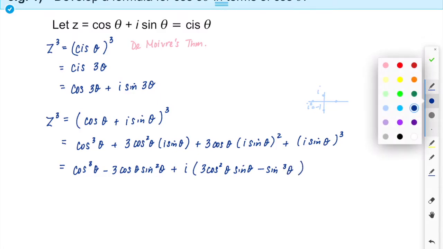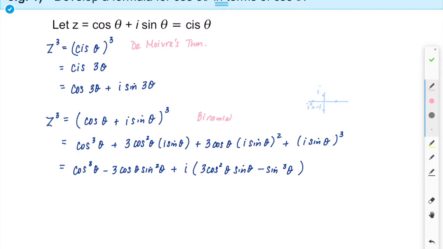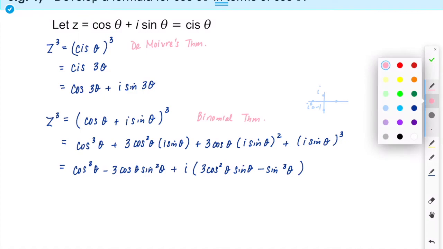Now I have two versions of z to the power of 3. This one is using the binomial theorem, which means that if I want an expression of cos 3 theta in terms of cos theta, I can set the real parts to be the same thing.